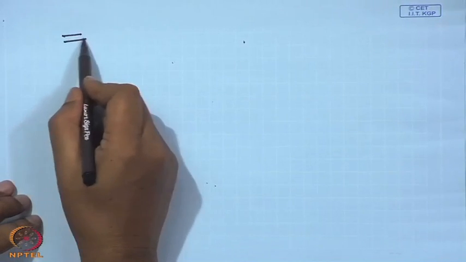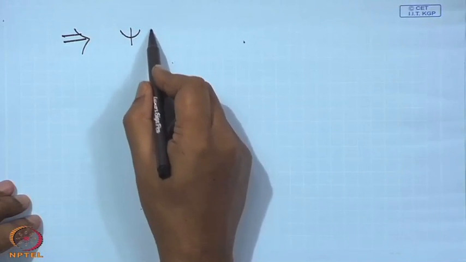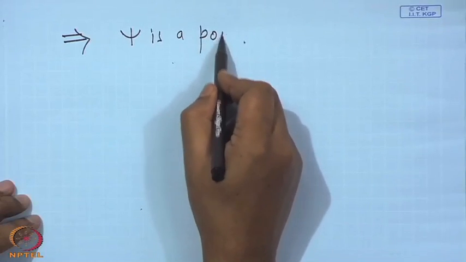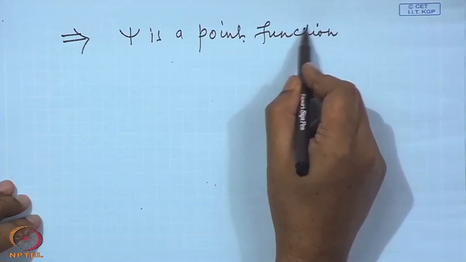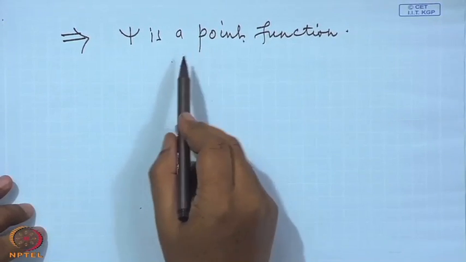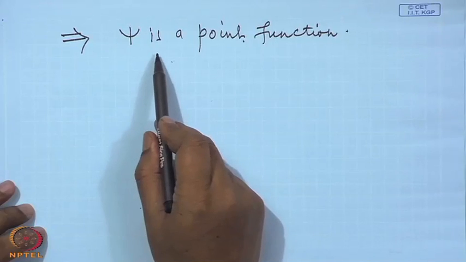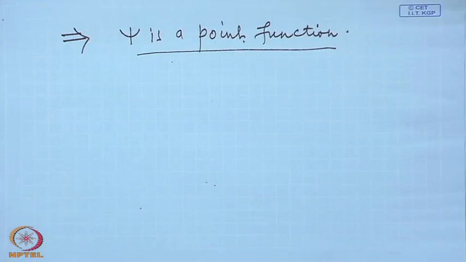And hence this gives that psi is a point function, and then the difference of psi between 2 points is like psi p minus psi o, that is the way we want.